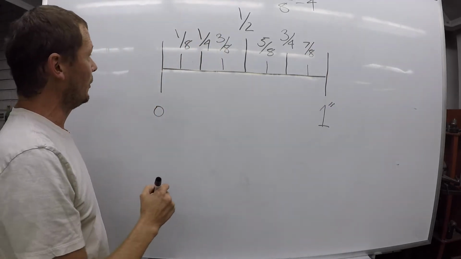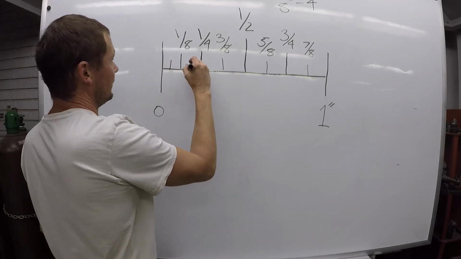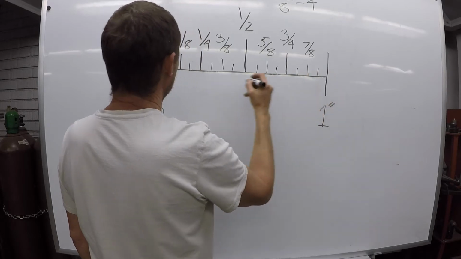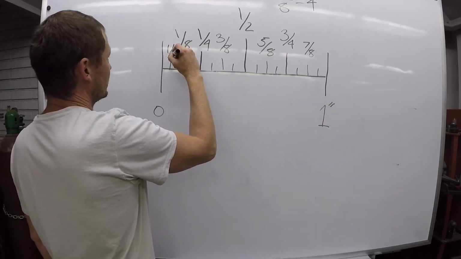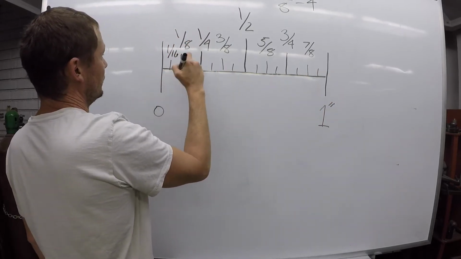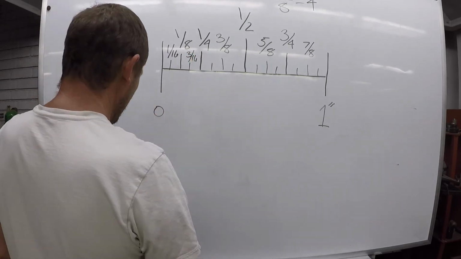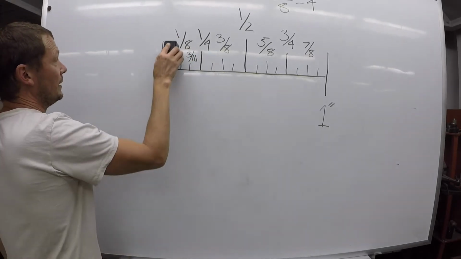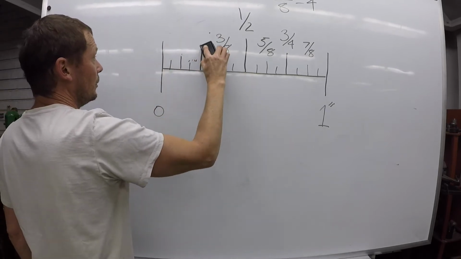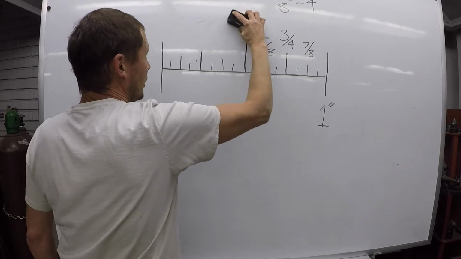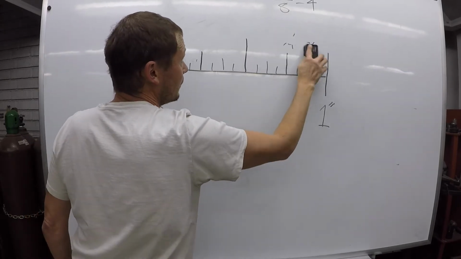And we can keep going. We can divide this even further into 16ths. 1, 2, 3 16ths. All right? And we can keep, I'm going to erase this now. We can keep going for a really long time.